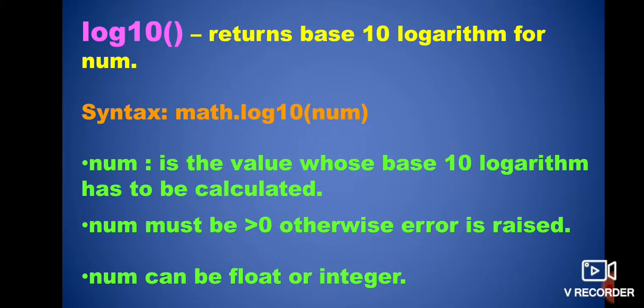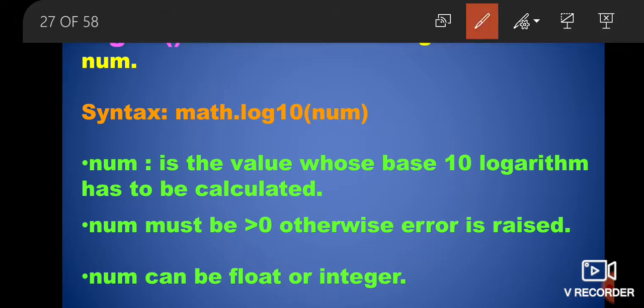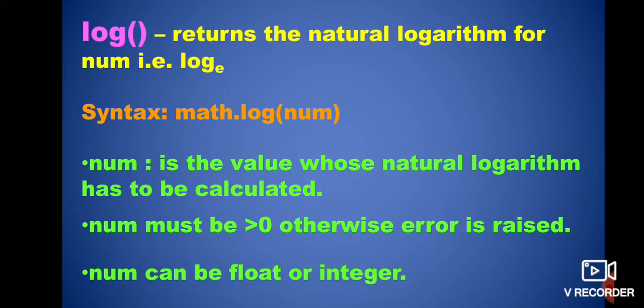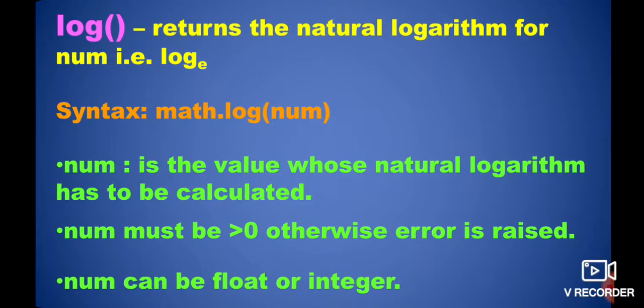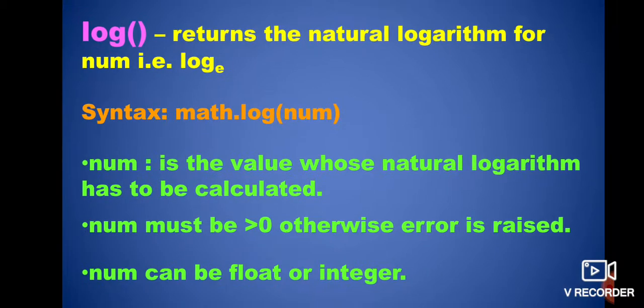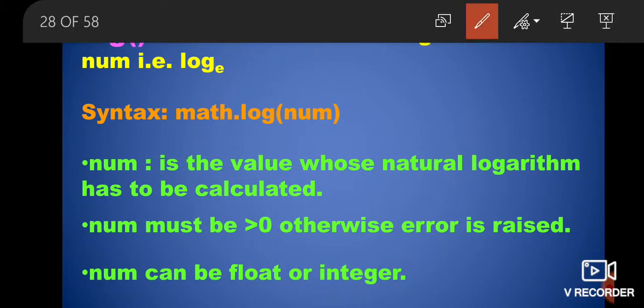But this number must be greater than 0, otherwise error is raised. Okay, so the number that you are passing here should be greater than 0. It can be float as well as integer value. And another function is log function which calculates log base e.